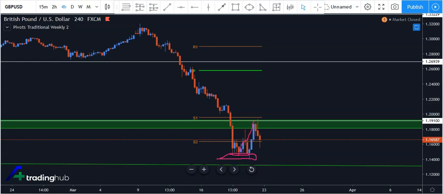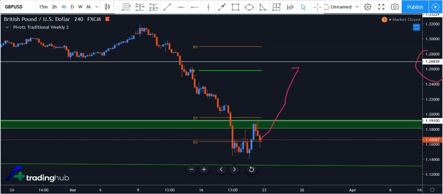So we want to see price push and close above the 1.191 zone this week and head towards the 1.26939. What you should look for is, once market opens, look for buying opportunities. Take a buy position, and your target should be at the 1.2693 zone.